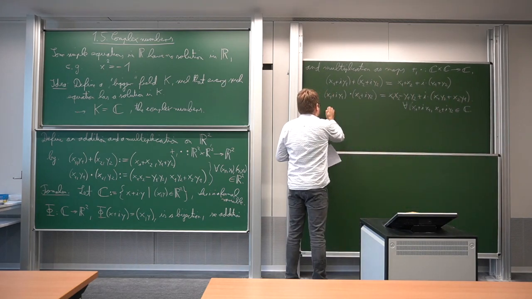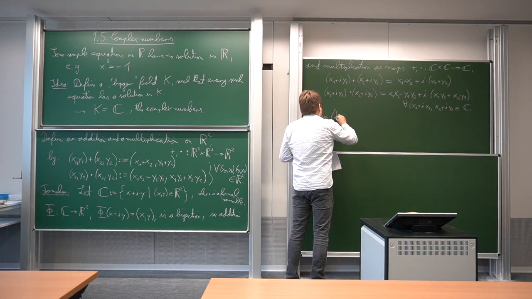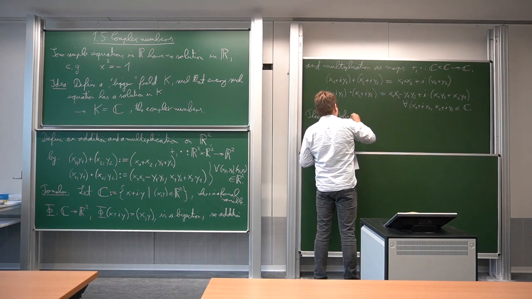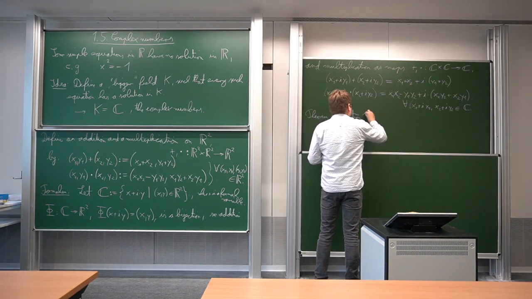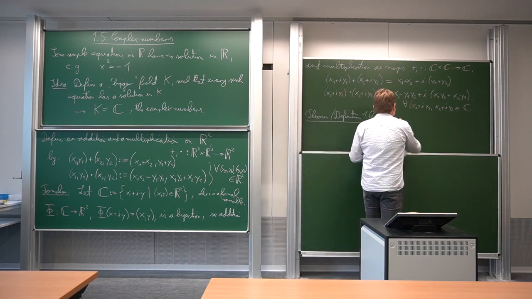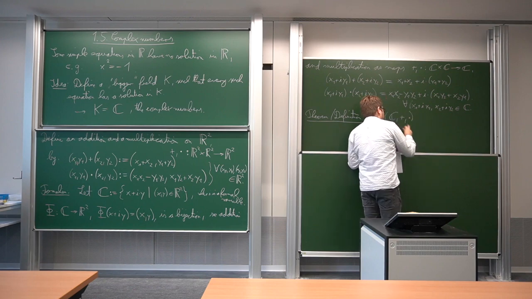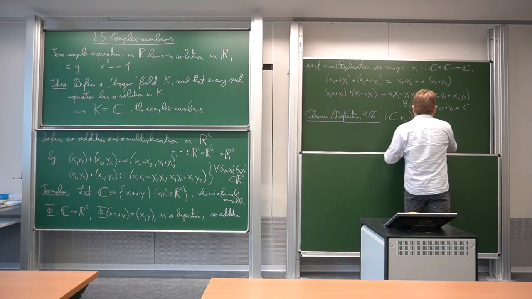Okay, and now we come to the crucial property, and I again make a hybrid of definition and theorem. This is 166. If we take C with plus and dot, so with this addition and this multiplication, this is indeed a field.